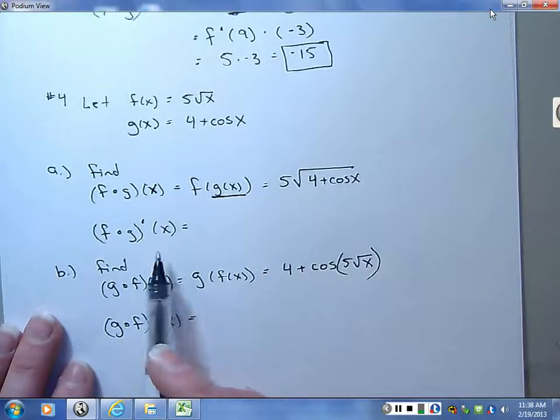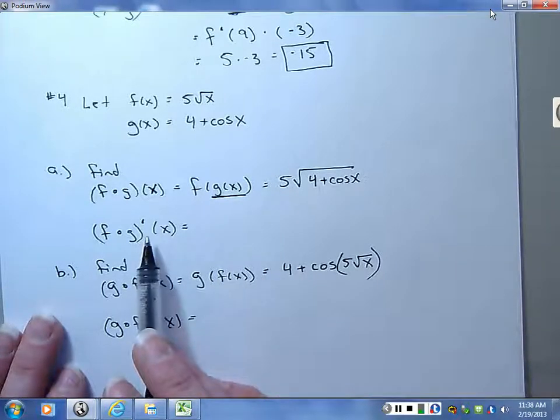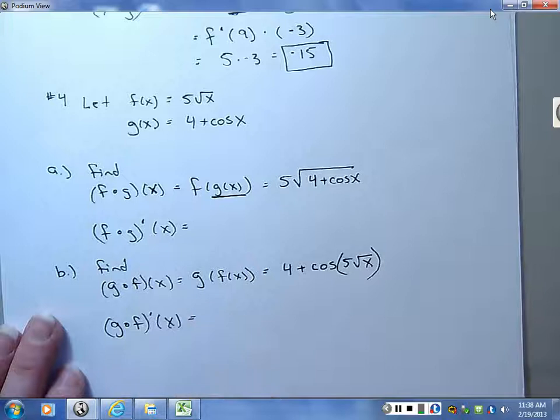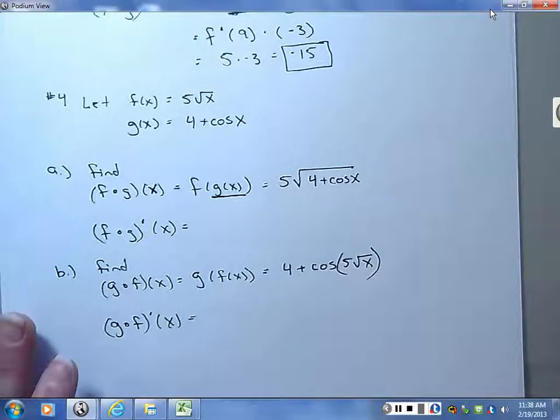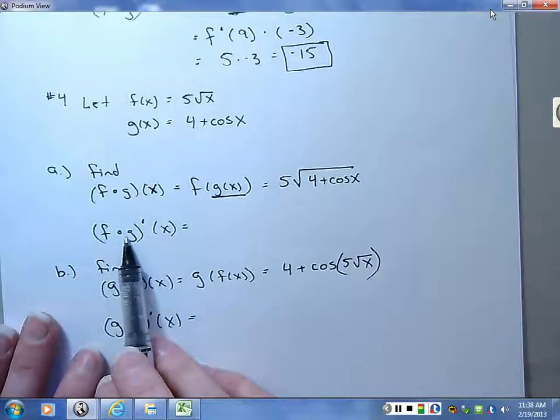So now let's look at the derivative of f of g of x. When you write it like that, does that mean f prime of g prime of x, or f of g prime of x? This means the derivative of f of g of x.